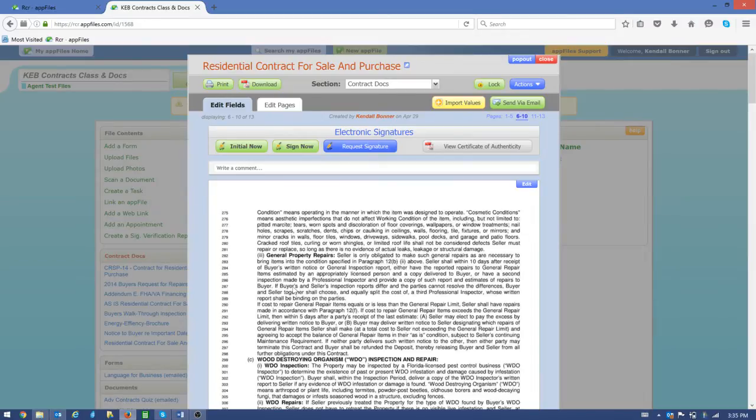Seller shall, within 10 days after receipt of buyer's notice or the inspection report, either have the reported repairs to general repair items estimated, and a copy delivered to the buyer, or have a second inspection. So look, even the seller gets an opportunity to have their own inspection if they like, if they don't believe that the estimates are fair, that these things actually need repairs.